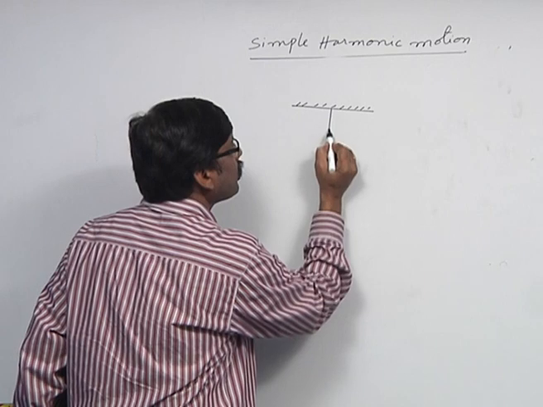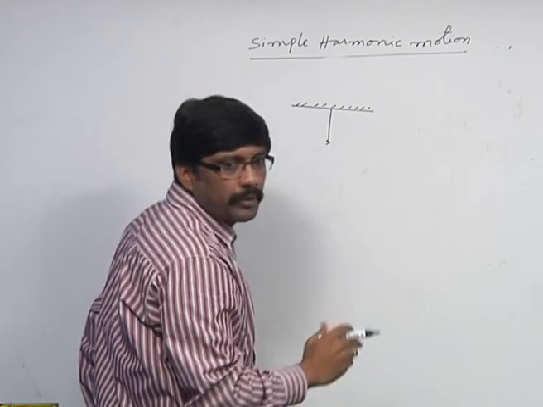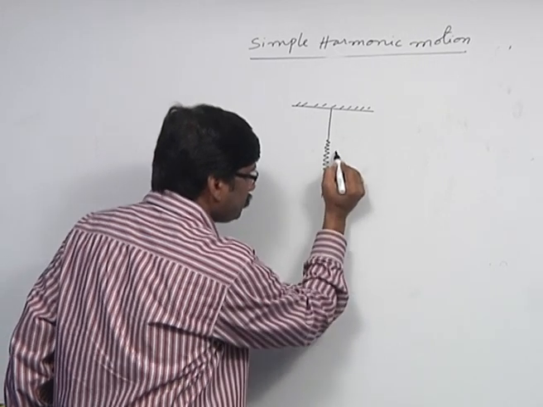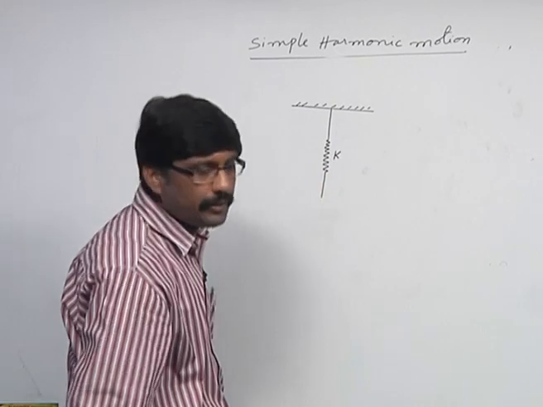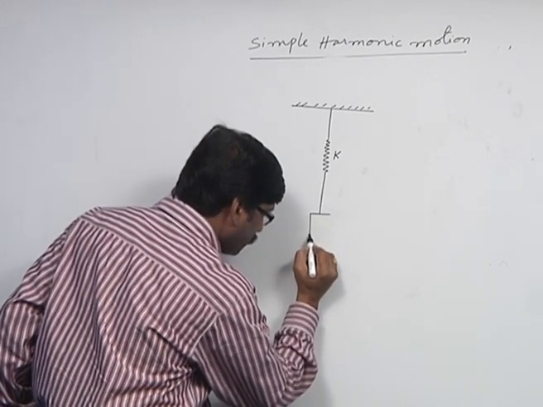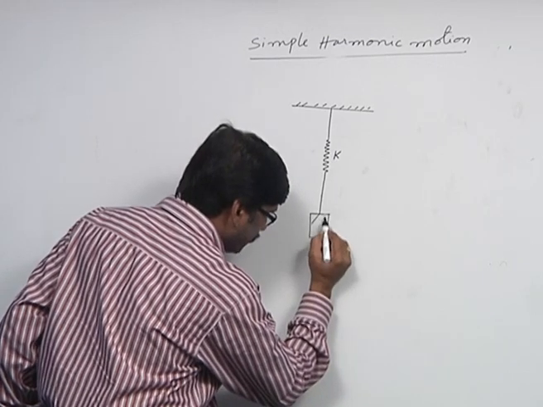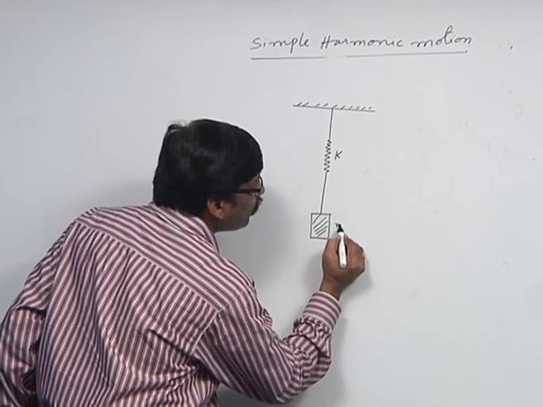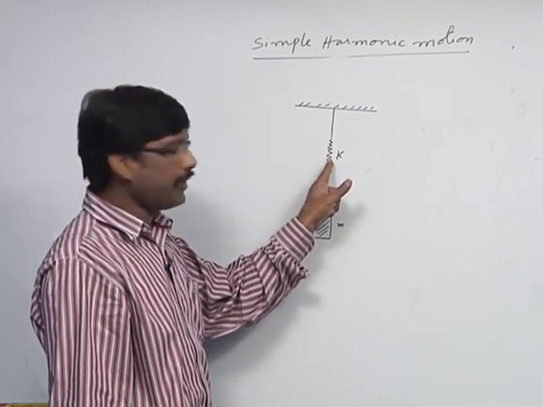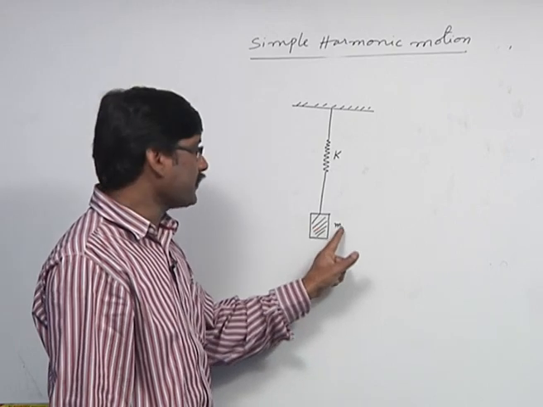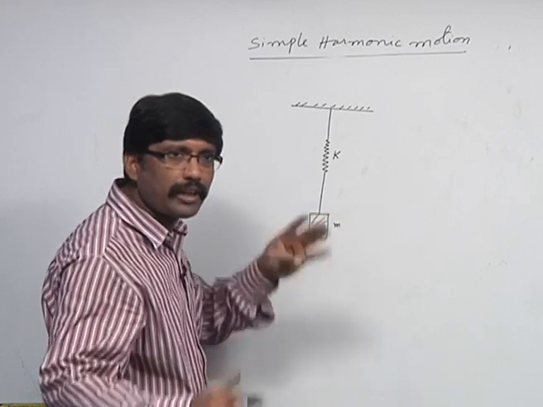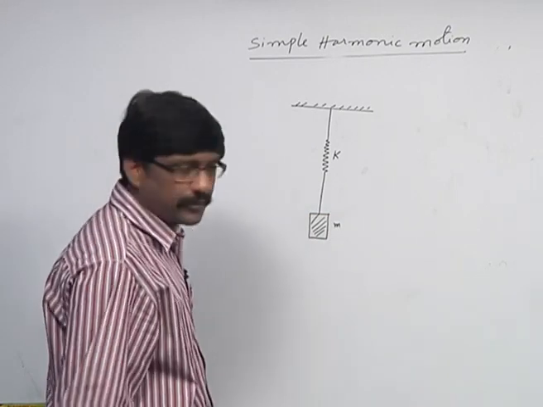Here, a spring of constant K is connected to a small object, or you can take it as a cylinder of mass m. If you pull down, then it executes SHM, which we already solved in earlier classes.